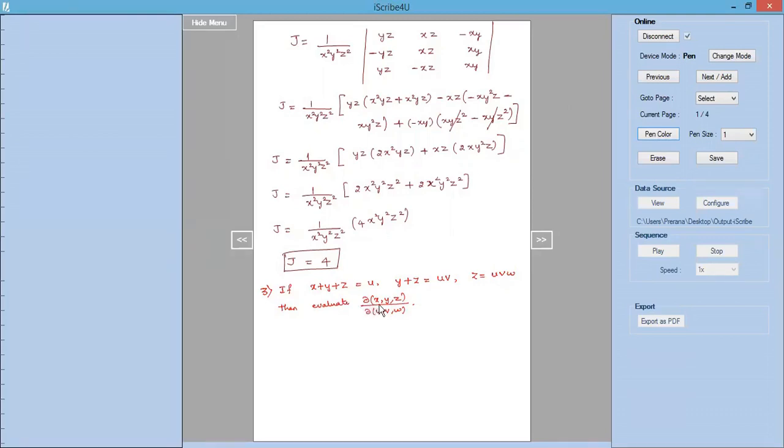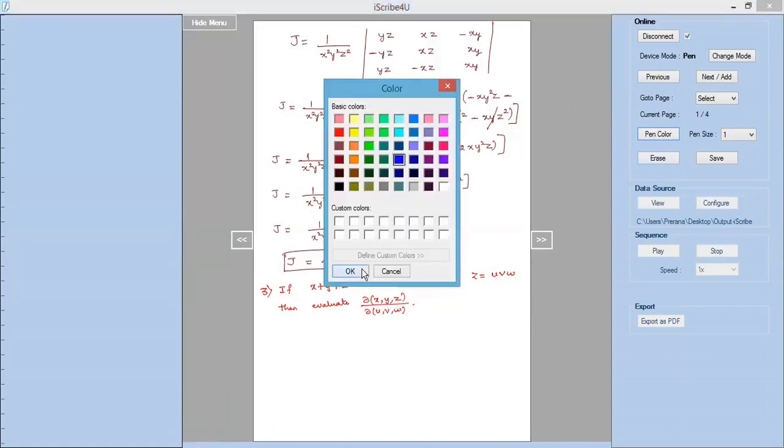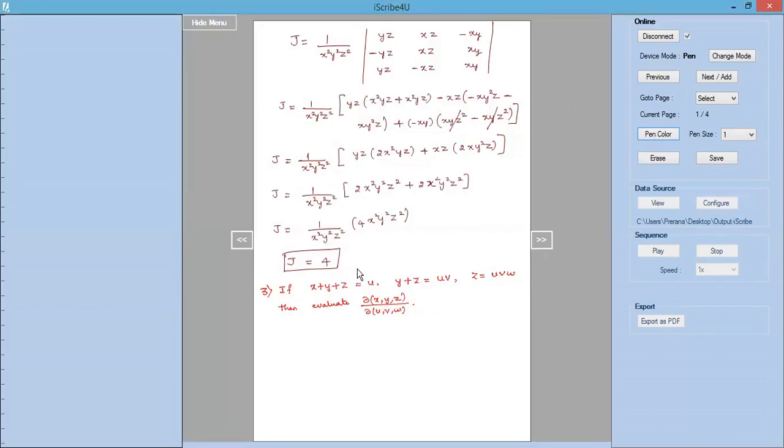That is Jacobian of x, y, z with respect to uvw we have to define. So let us take up the solution. First, let us consider the given expressions for u, uv and uvw and try to simplify and obtain x, y, z representations with respect to uvw.